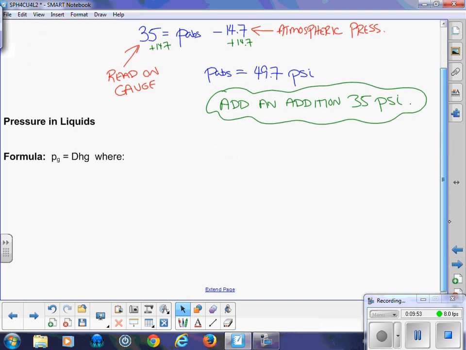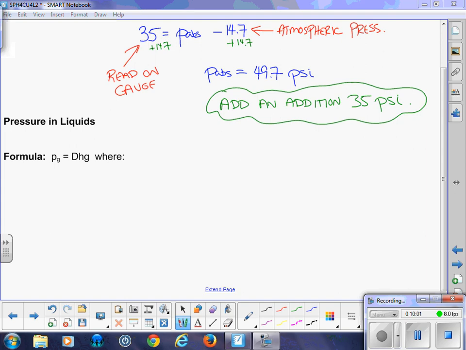Moving along. Pressure in liquids. Pressure in liquids comes from this formula. So this is gauge pressure again.